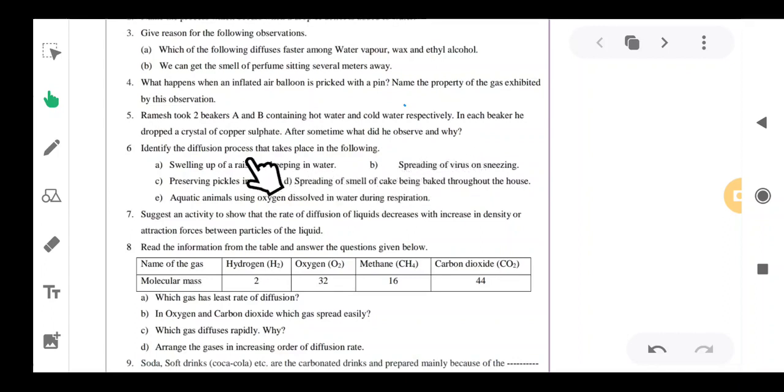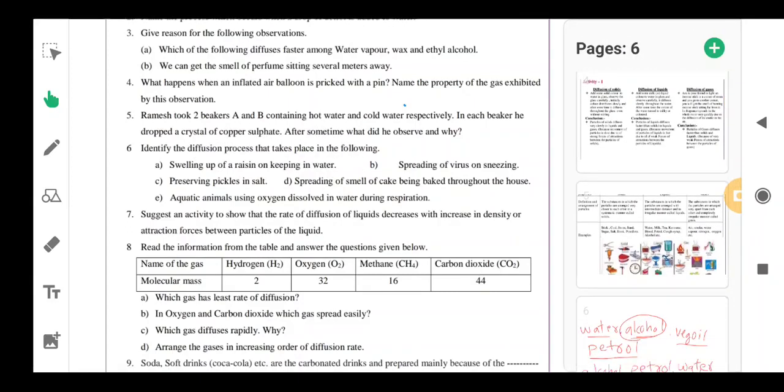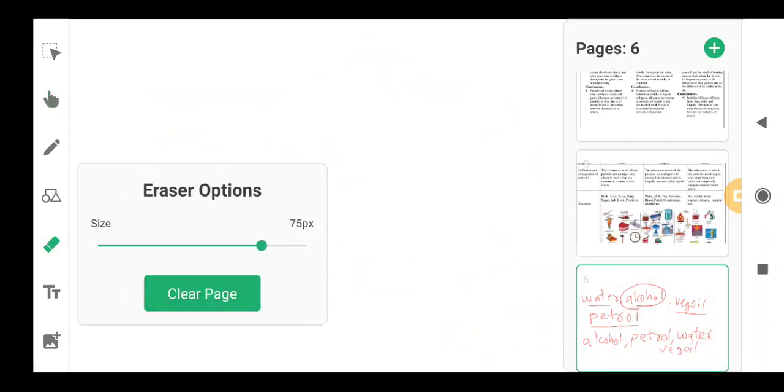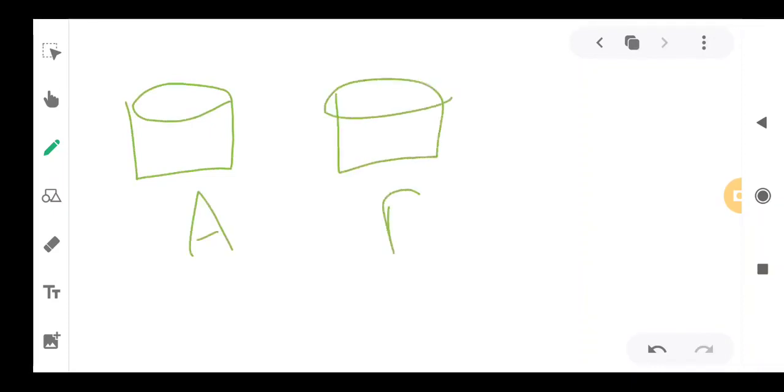First, there are 2 beakers A and B. In A hot water is there, in B cold water is there. This is A beaker, this is B beaker. In this hot water, in this cold water.